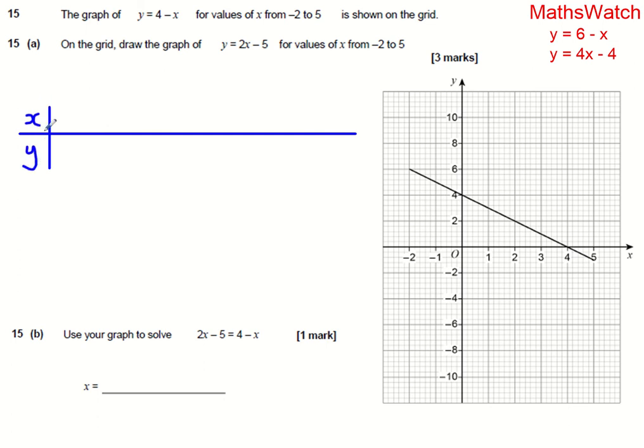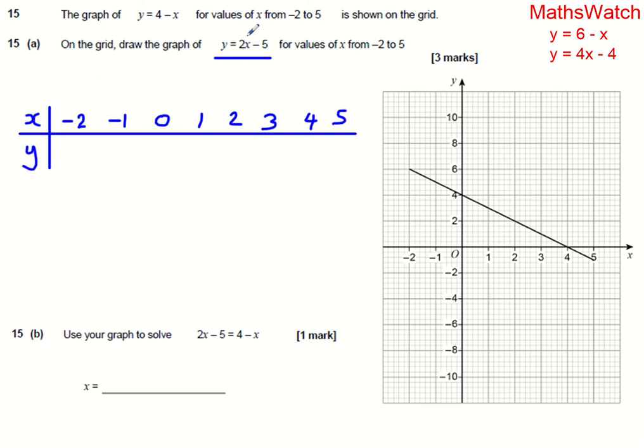And to start off with, the values of x, we are told, need to go from -2 all the way up to 5. To work out the y values, we're going to take each one of these numbers in turn and substitute them into that equation, work it out, and then find out what y becomes.